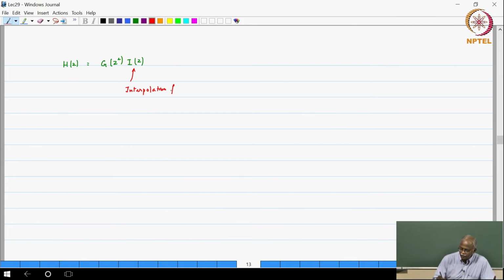Basically the underlying principle is multi-stage implementation of the sampling rate conversion, either upsampling or downsampling. You can take advantage of this.